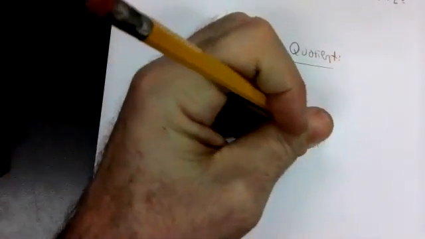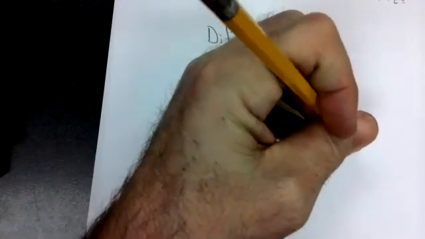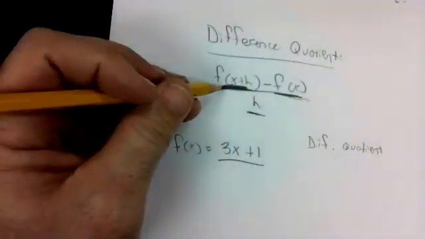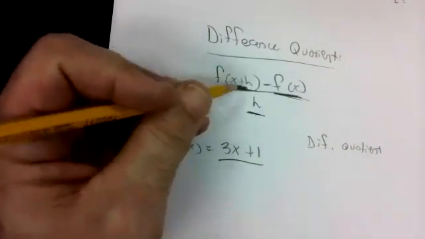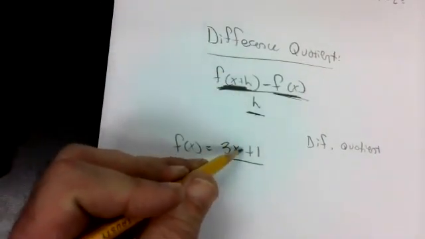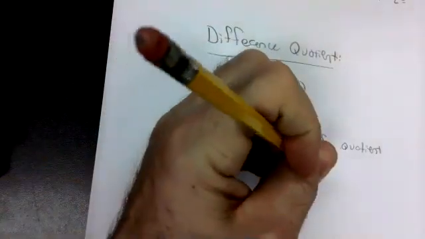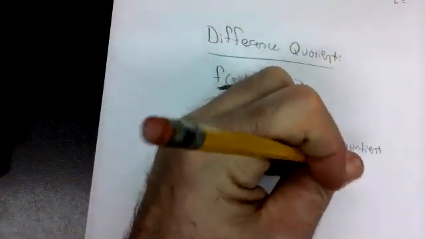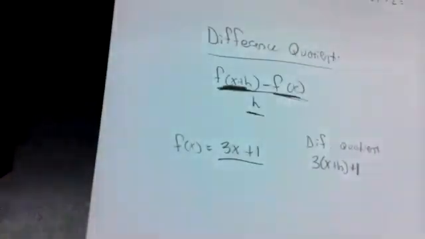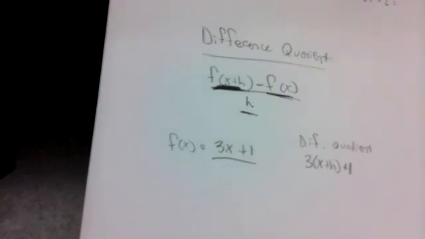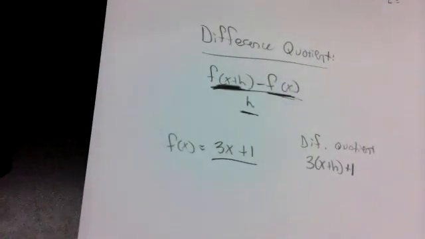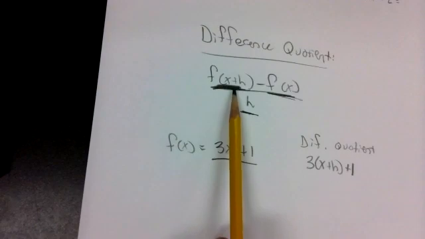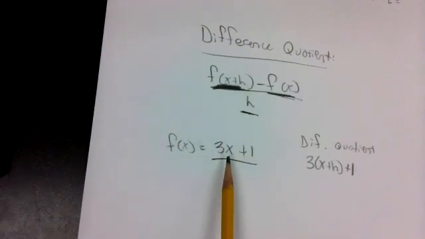So the first thing we're going to do is take this x plus h and plug it in for x. So this part looks like that. This is the f of x plus h. Again, what they're asking us to do is take x plus h and plug it in for x.